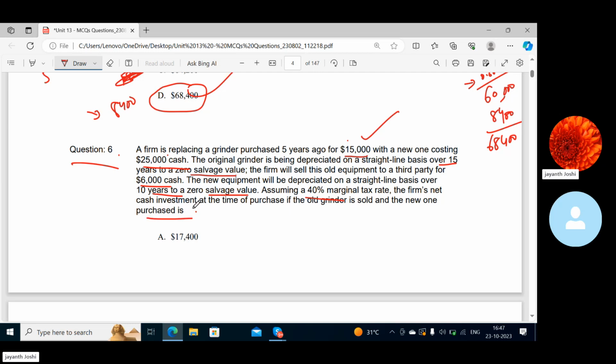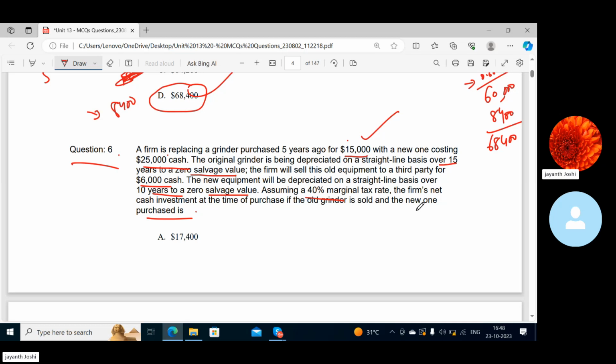That means two things are happening. What is the firm's net cash investment when the old grinder is sold and the new grinder is purchased, right? So we will see the old grinder. A firm is replacing a grinder purchased 5 years ago, right?